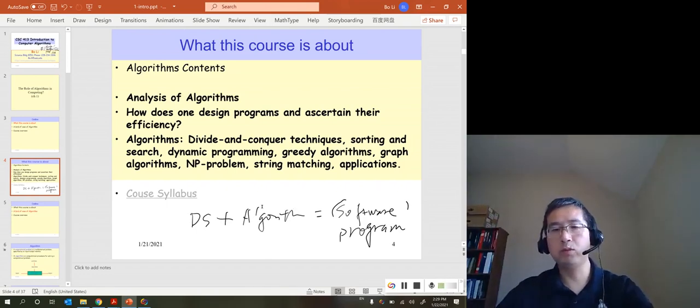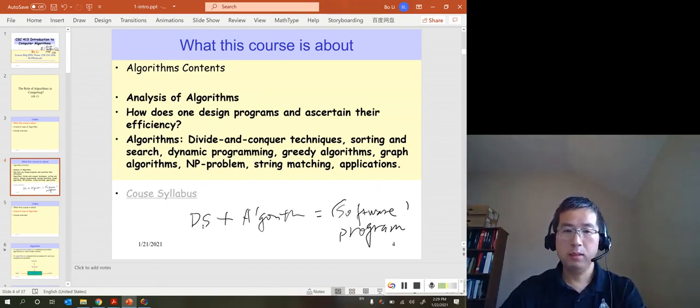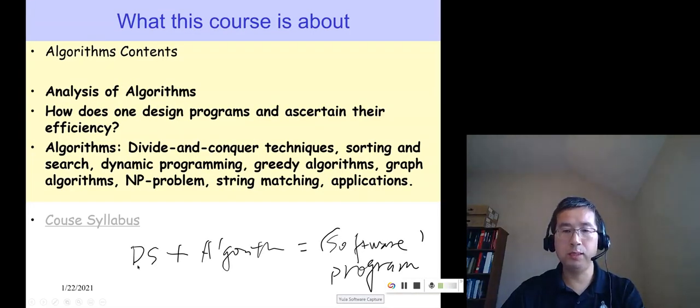Is it correct? You want to use some data structures to represent something, right? You are doing sorting. Okay, you want to hold all the numbers in an array or in a tree, right? So if you use a binary search tree, anyway, this is the data structure. That's why you may think there is some overlapping between the course textbook and your previous data structure textbook, right?